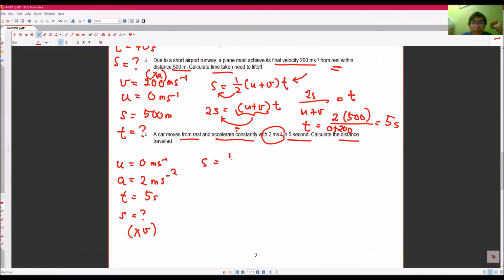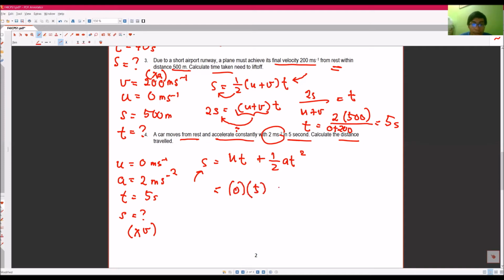S equal to ut plus 1/2 at squared. Since we need to find the distance traveled, which is s, same as displacement, we don't need to rearrange the formula. Just plug in as usual.